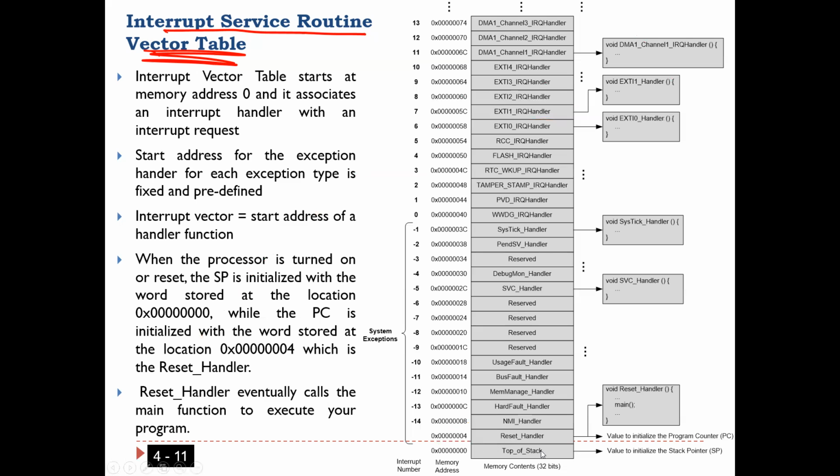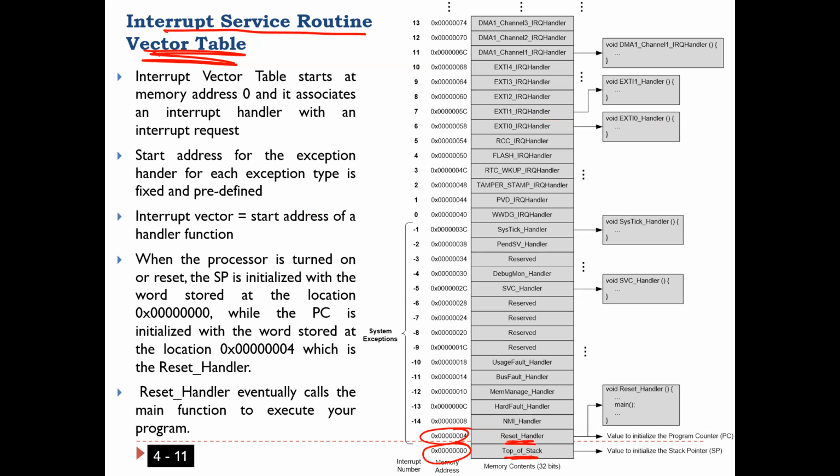One more thing you can see here is that in 000 you have to store the stack pointer address. Also, in number 4, you have to store the reset. Even the reset itself is an interrupt.